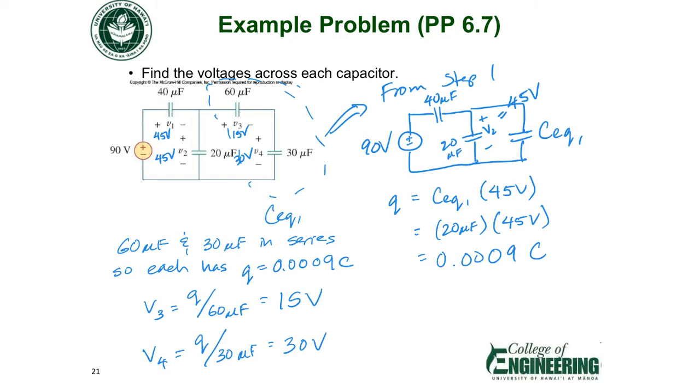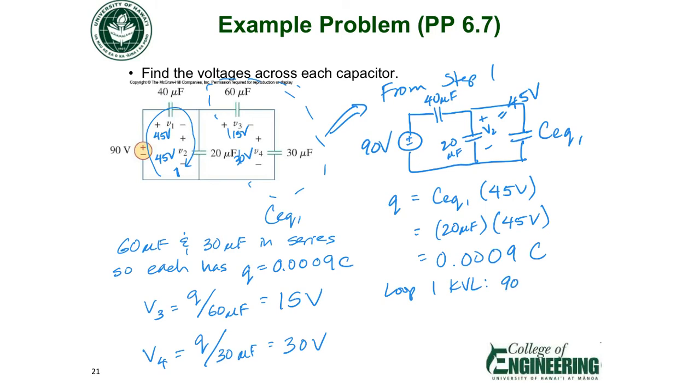So if we do KVL around this first loop, what's our equation? Let's call that loop 1. Starting at the base of the arrow here, going around that loop. 90 volts equals V1 plus V2.